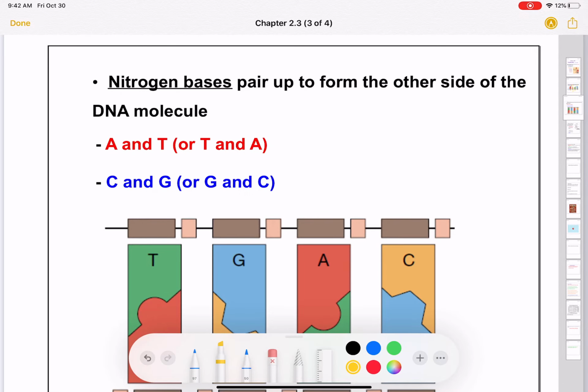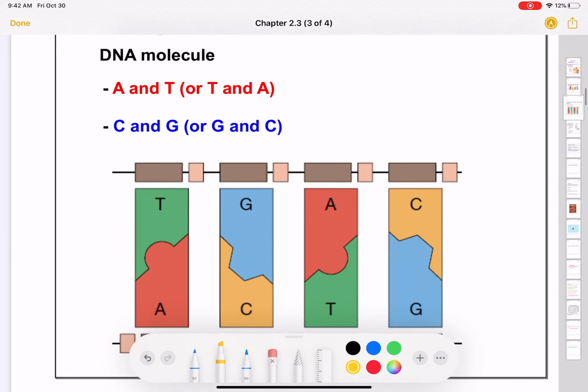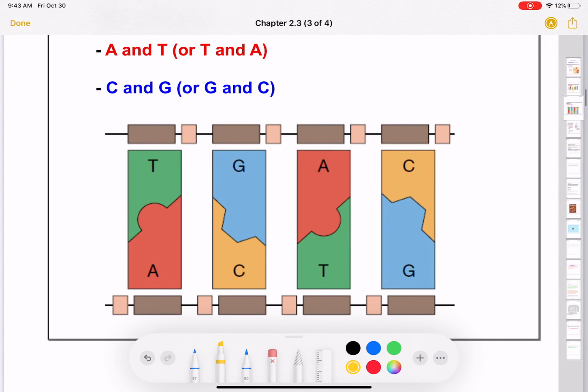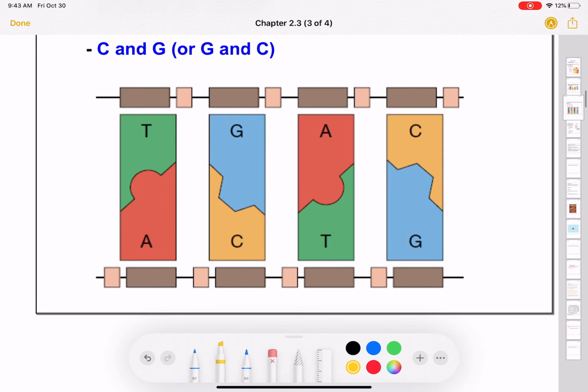So yeah, this is what this slide says, that nitrogen bases pair up to form the other side of the DNA molecule, the other side of that ladder. And A's will always bond to T's, and C's will always bond to G's. So this is what a ladder of DNA would look like.